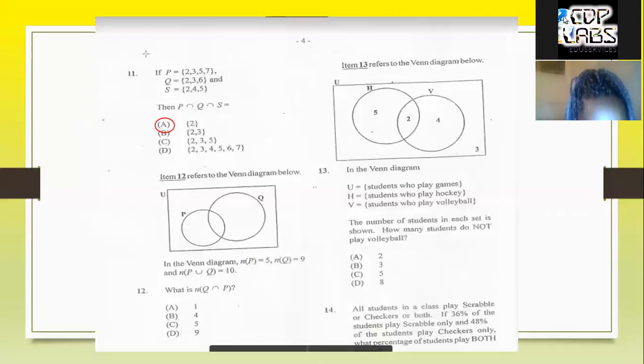What is the number of elements in Q intersect P?